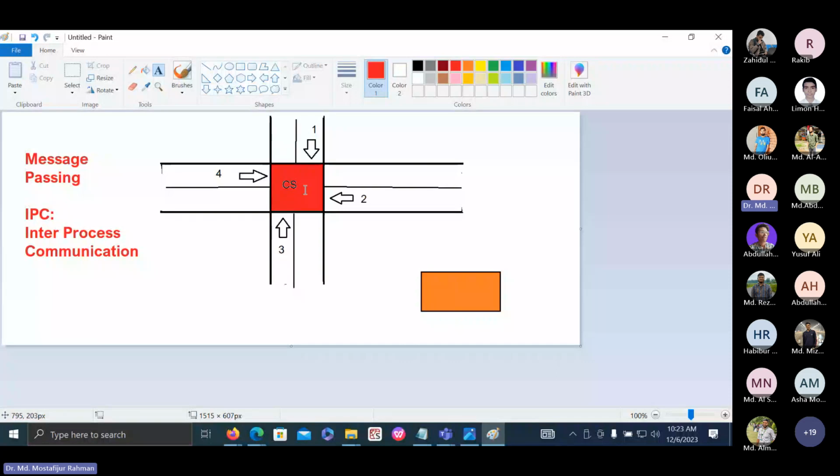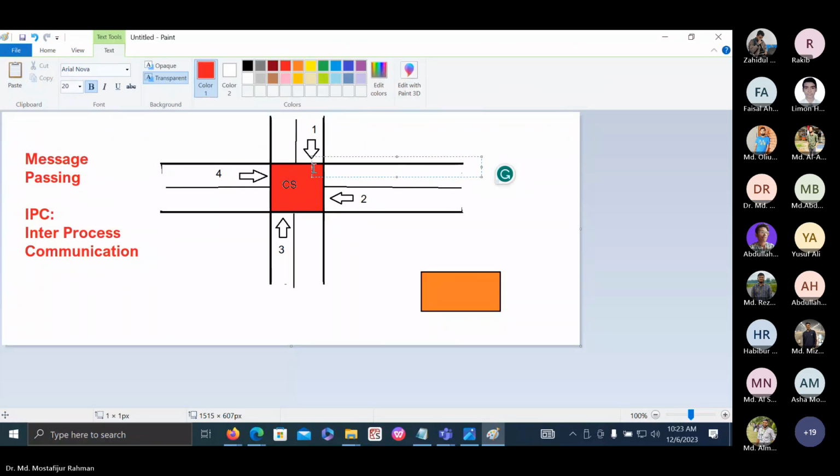The police show the cars a hand signal, sending a message using the hand. Okay, you come. Then the cars waiting in number one column all cross and use this critical section. But once the traffic police show the hand, then they stop.